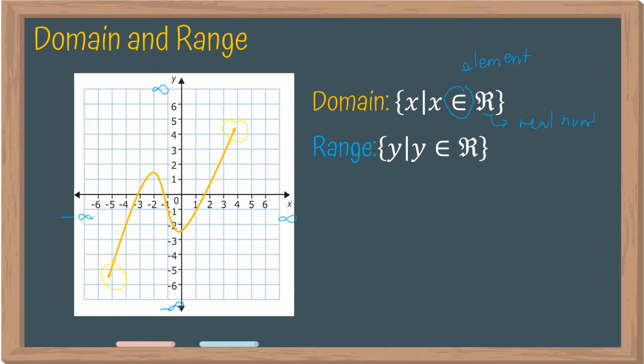So we can read this as x such that x is an element of R, or the set of real numbers. The same with our range, we're going to read this as y such that y is an element of R, indicating that our range is a set of real numbers also.